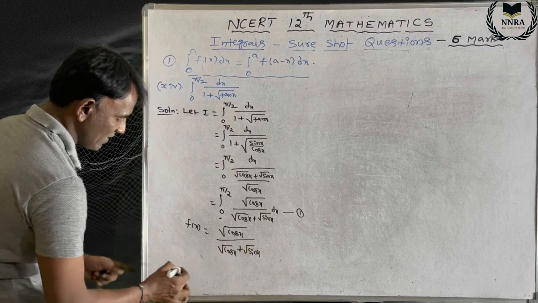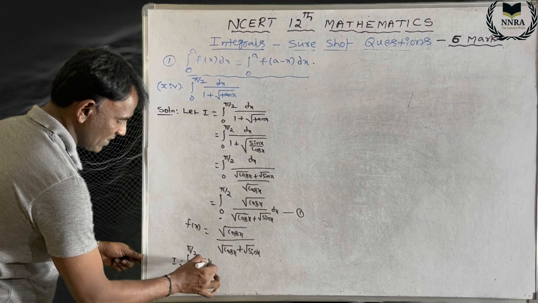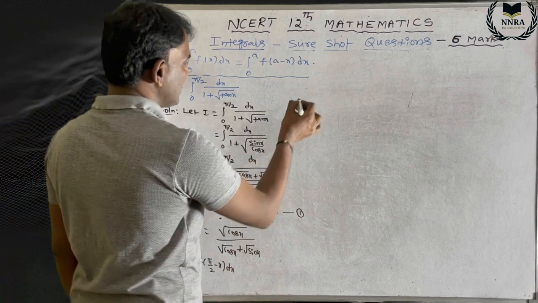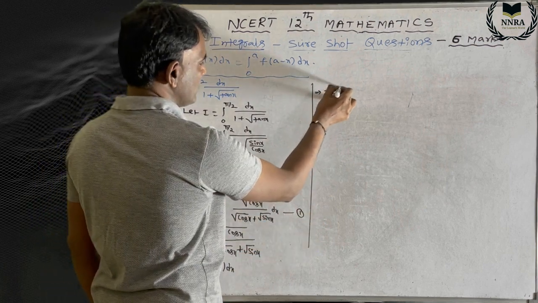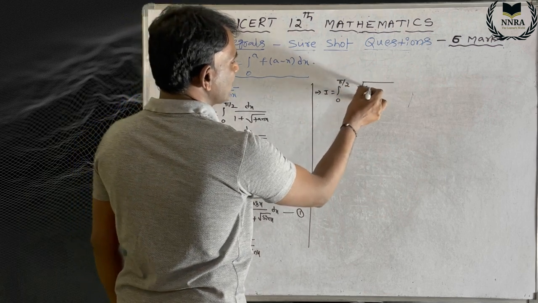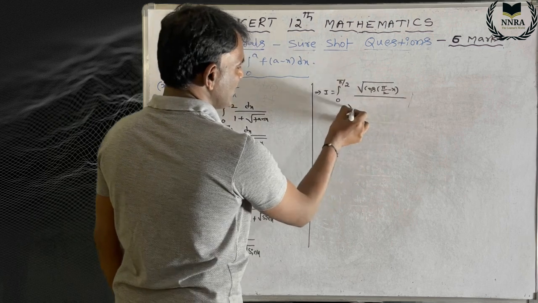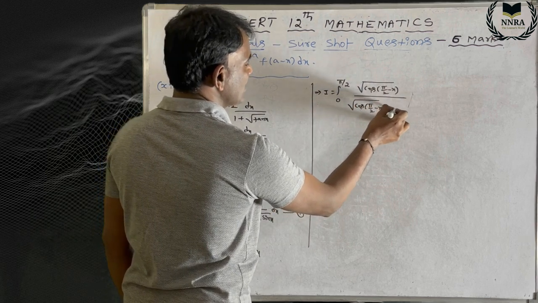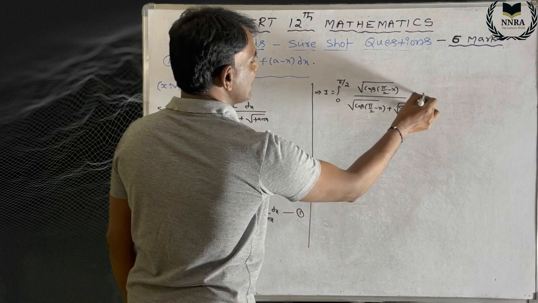Clear? Now we write one more idea, that is integral 0 to pi by 2 f of pi by 2 minus x dx. So how to write this value? That implies I equals integral 0 to pi by 2 root of cos of pi by 2 minus x, and in the denominator root of cos of pi by 2 minus x plus root of sin of pi by 2 minus x, then dx.